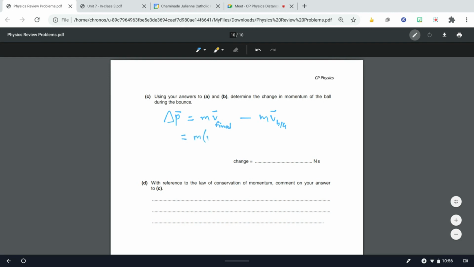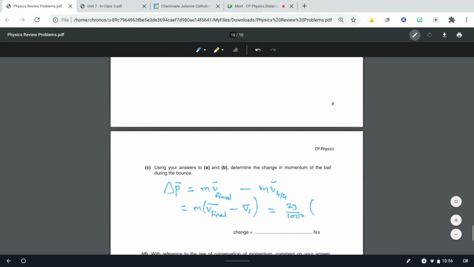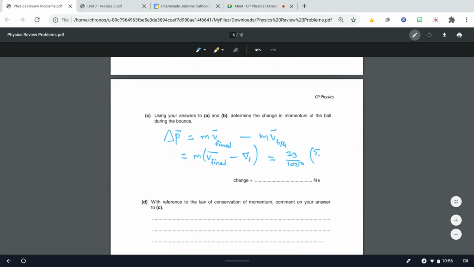So mass can be taken as common: mass times velocity final minus velocity initial. So we put in the numbers, 73 by 1,000. What is your final velocity that we just found? 5.31 minus 5.6.